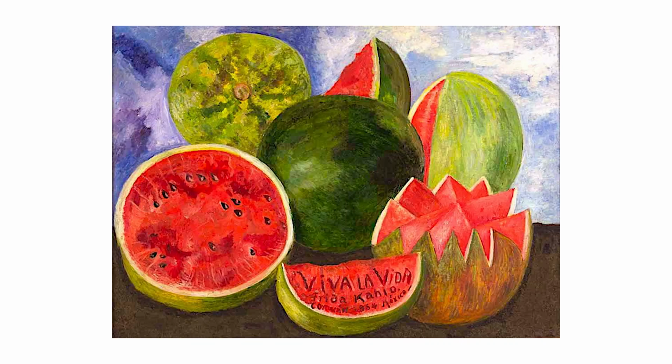Let's take a look at a few works of art to help us identify how artists use a range of value to create a sense of realism in their work. In Viva la Vida by Frida Kahlo, you can see that she has set up a still life of watermelons. Even though we know that watermelons are green on the outside and red on the inside, Frida used light greens and dark greens, areas of light reds and dark reds throughout her application of color to help the watermelons look real.